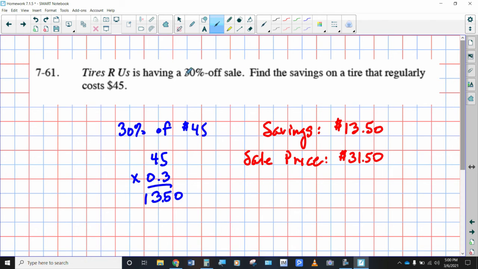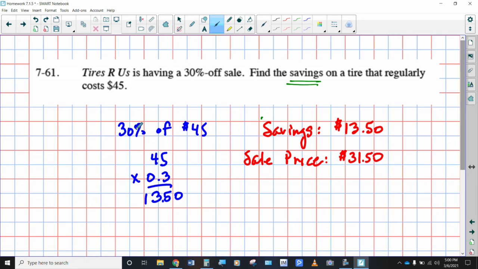Tires R Us is having a 30% off sale. And the savings, right? The savings means how much is the discount on a tire that regularly costs $45. So if they wanted the sale price, they would have asked for the sale price. So I'm going to choose to use the 30% as our multiplier.